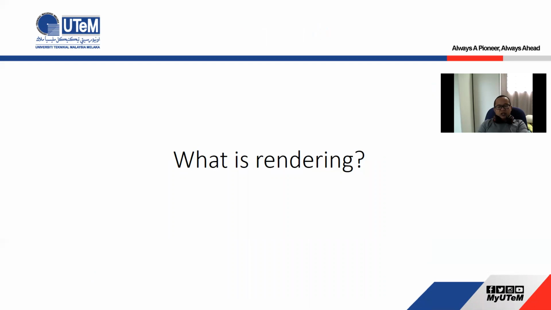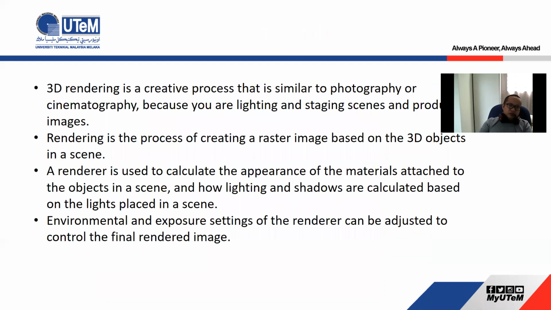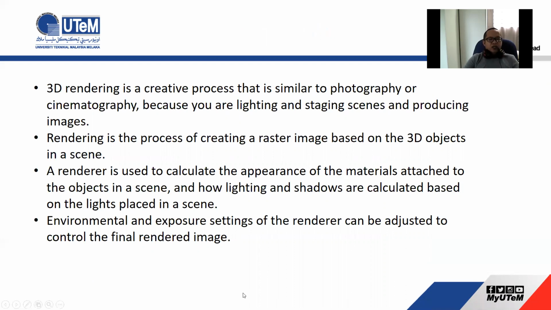Based on these three examples, what is rendering? In theory, 3D rendering is a creative process that is similar to photography or cinematography because you are lighting and staging scenes and producing an image. Rendering is the process of creating a raster image based on the 3D objects in a scene.